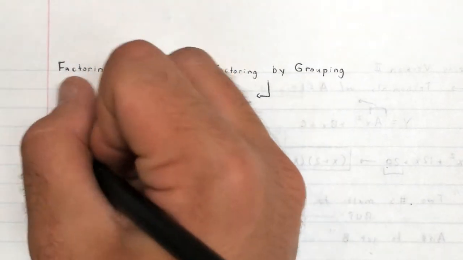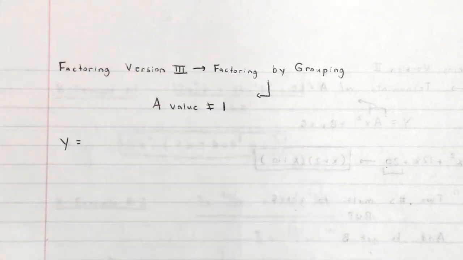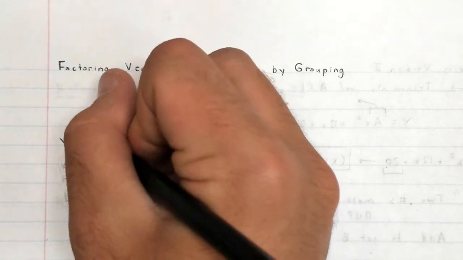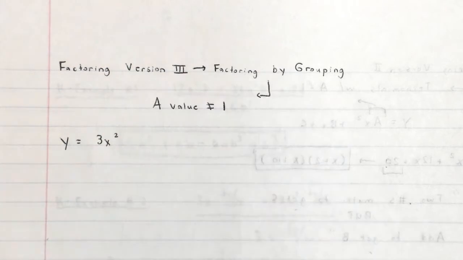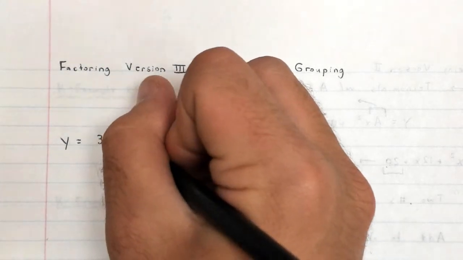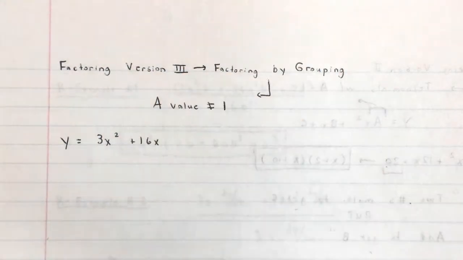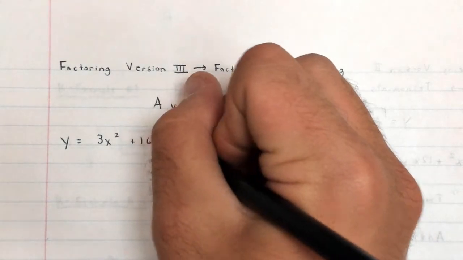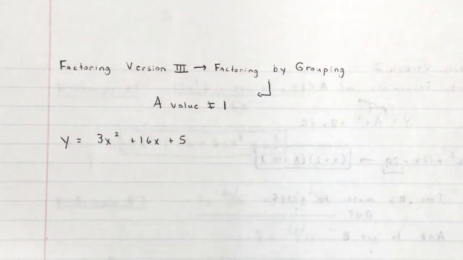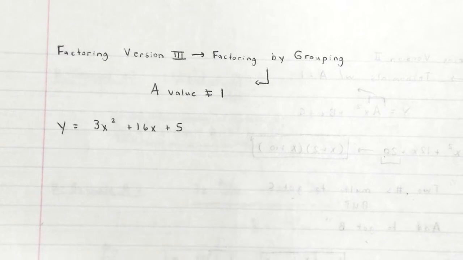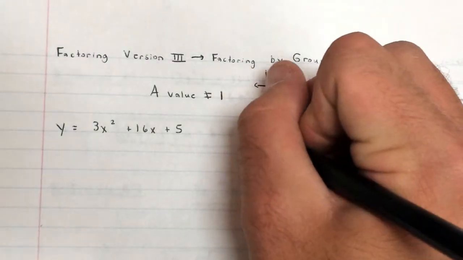For example, let's take y is equal to 3x squared plus 16x plus 5. Step 1.